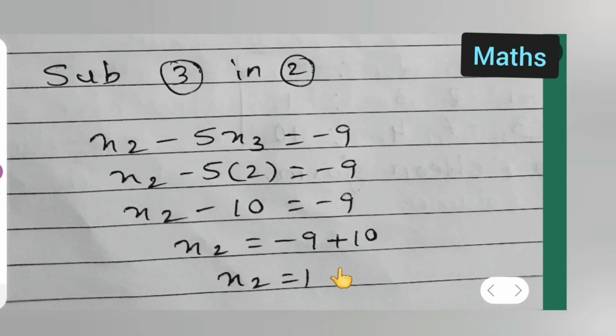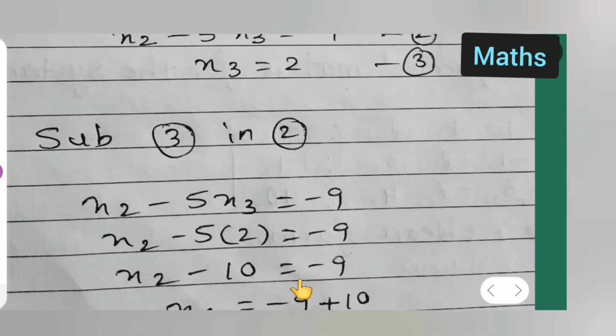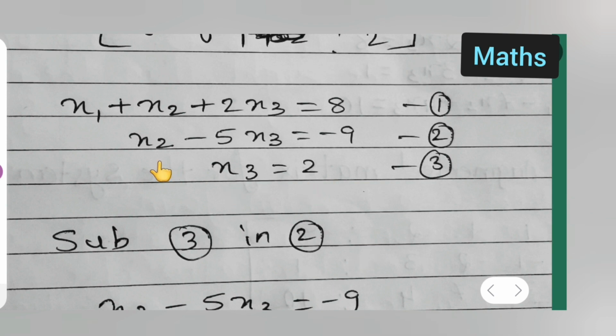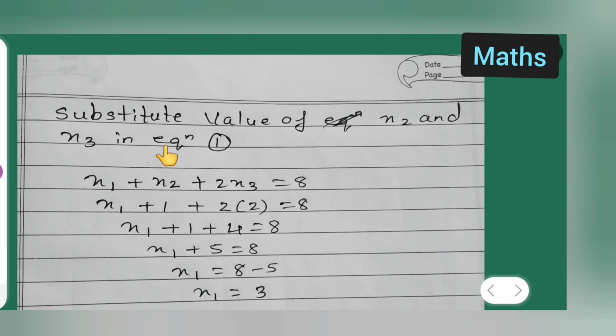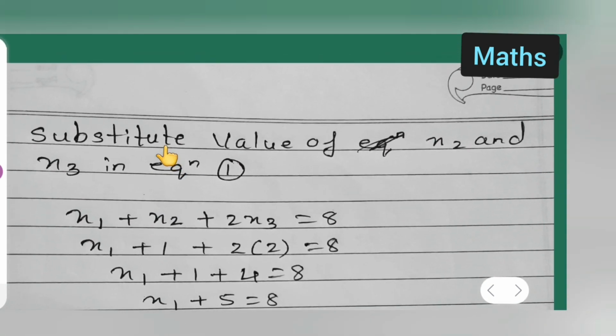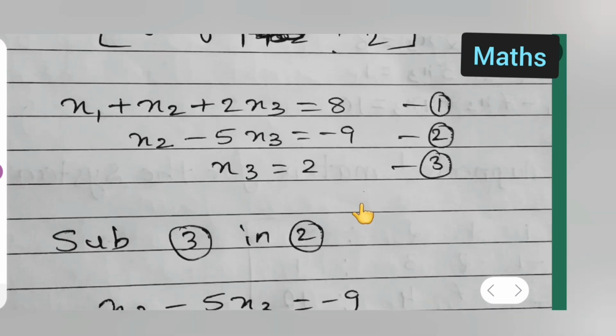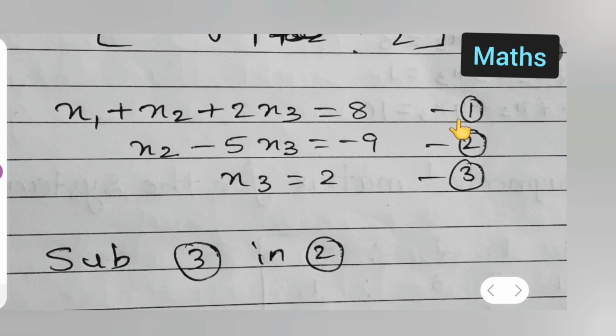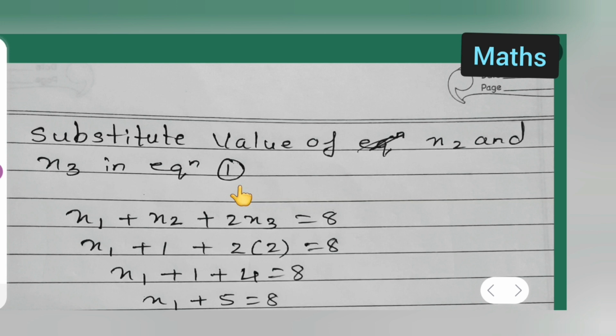Now we have to substitute x2 and x3 in equation 1. Substitute the values of x2 and x3 in equation 1. Where is your equation 1? Over here. In this we have to substitute. Let me write this equation over here: x1 plus x2 plus 2x3 is equal to 8.